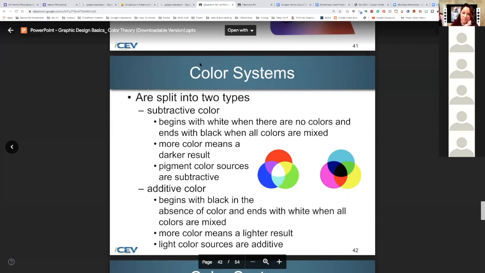Later, we'll go into detail about color systems. There are 2 types, subtractive color, which begins with white, and additive color, which begins with black.